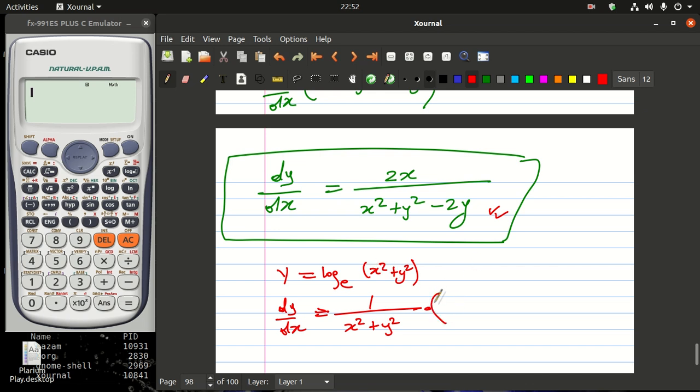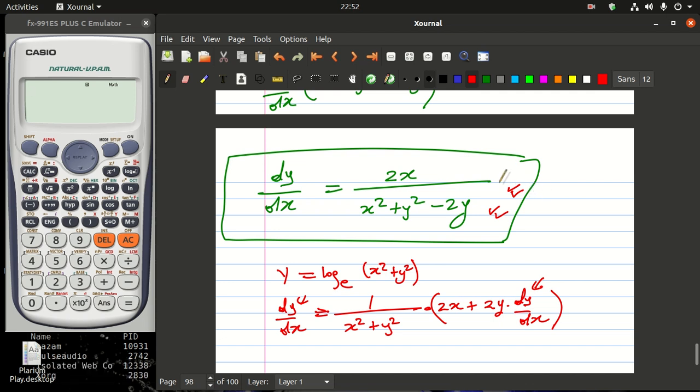The derivative of this is just going to be 2x, and for the derivative of this, you bring the 2 down, and then take the derivative with respect to y, so you end up having a y, and then you take the derivative of this y now, because this is a function of x. So back to x, and then after that you just simplify. You want this to go with that, you play with algebra, and you will end up with that. So that's how easy this thing is.